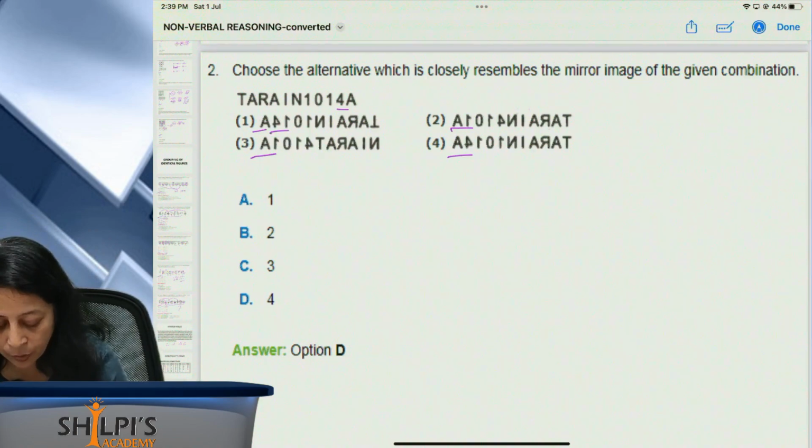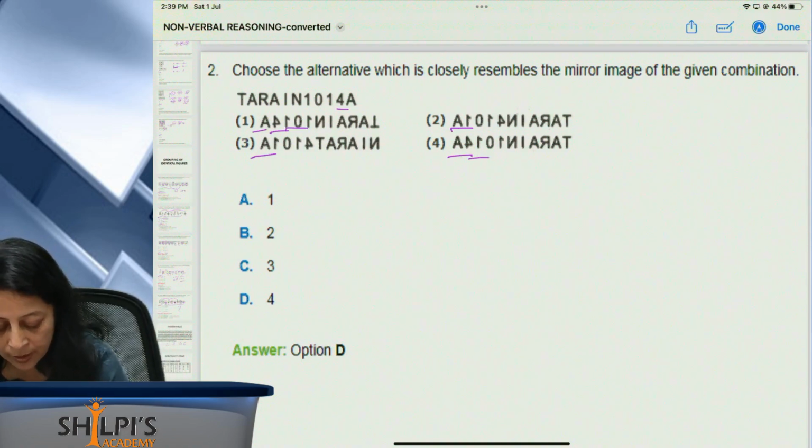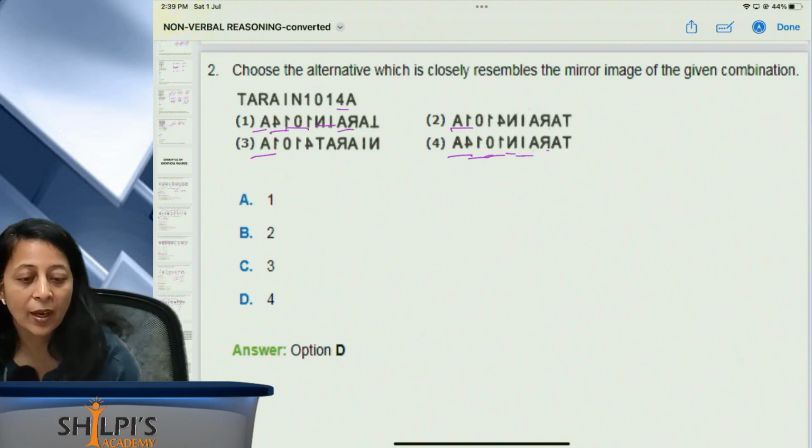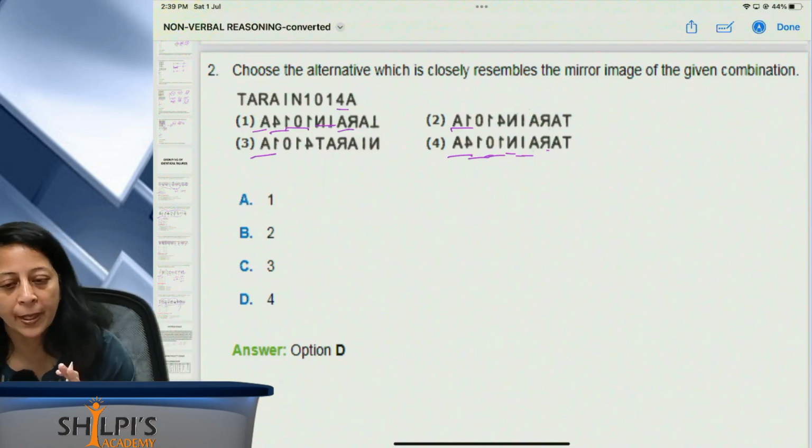It is 4. So 4 is here and 4 is here. So options 1 and 4 have it. Then 1 is here, 1 is here, 0 is here, 0 is here, then after 0 again 1, after 0 again 1, then N is here, then N is here, I, A, R, A, T. So if you see options 1 and 4, they look very perfect. The Tara IN1014A is in both.